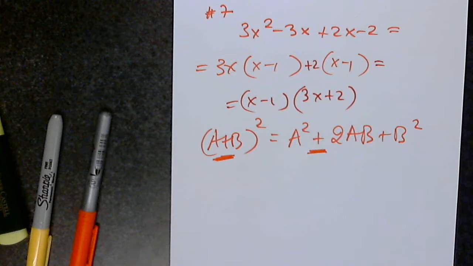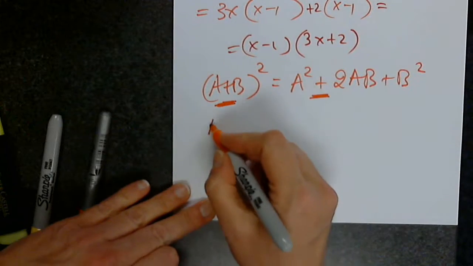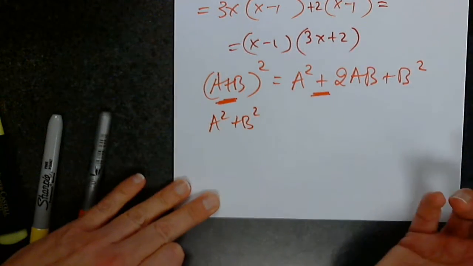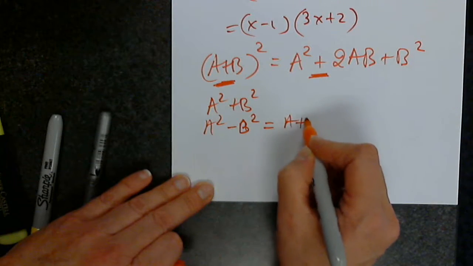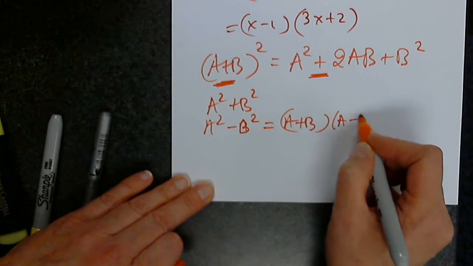Can you write down the formulas for the sum and difference of cubes? Can you review them, please? Oh yeah, here you mean? Yes. So a squared plus b squared is not factorable. A squared minus b squared is a plus b times a minus b.